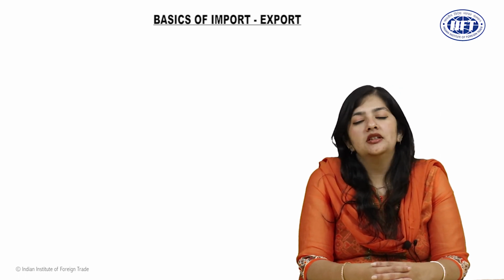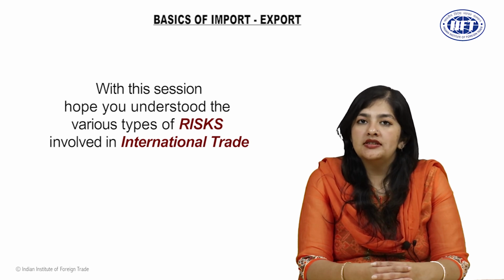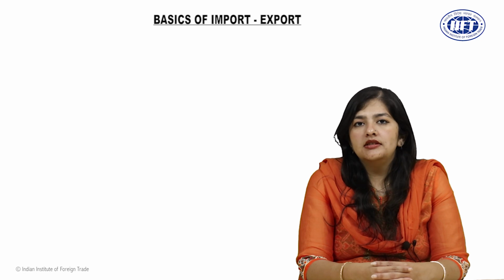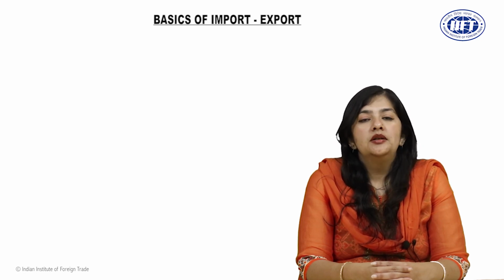After the completion of this session, all of us would be in a position to understand various types of risks involved in international trade, specifically credit risk, which is related to non-realization of payment due to various reasons, may be attributed to insolvency of the buyer, may be political risks involved, or any other commercial risk involved.